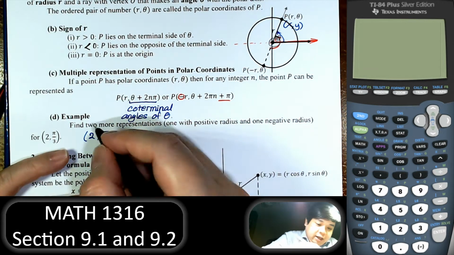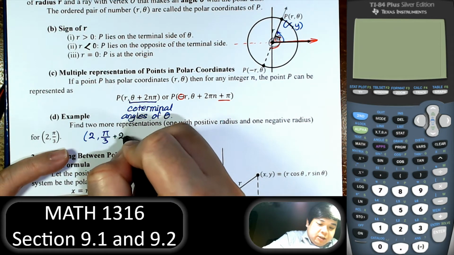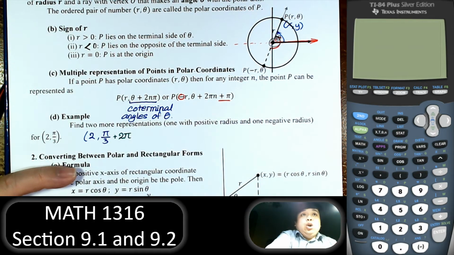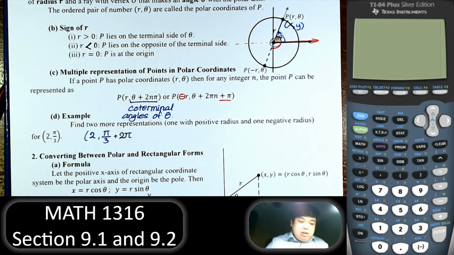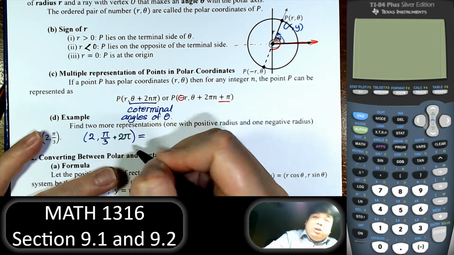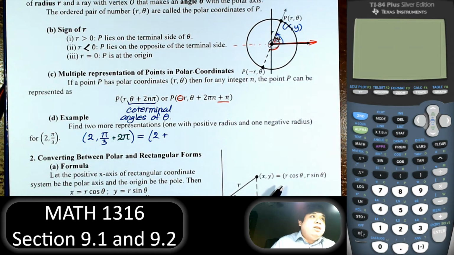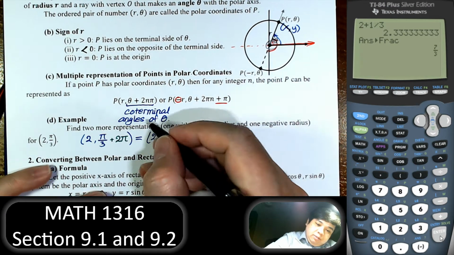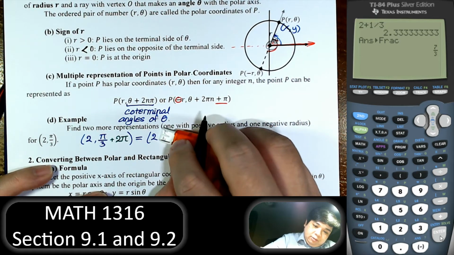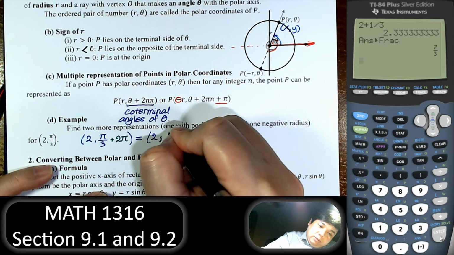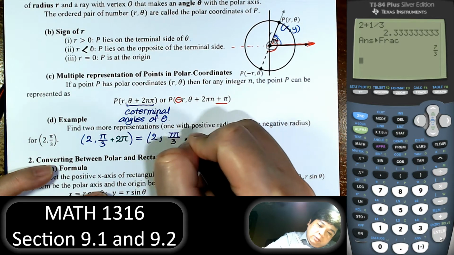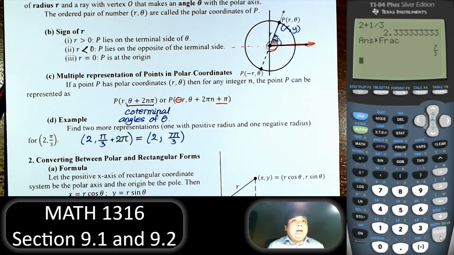Then we can just add 2 pi to the angle, which gives us the coterminal angle that represents the same point. 1/3 plus 2 is 7/3, so that is one.